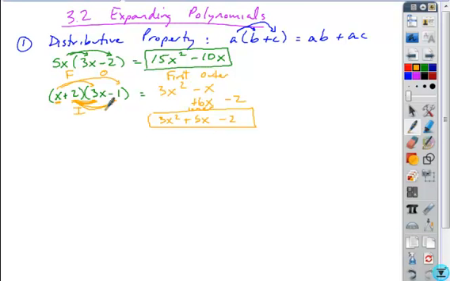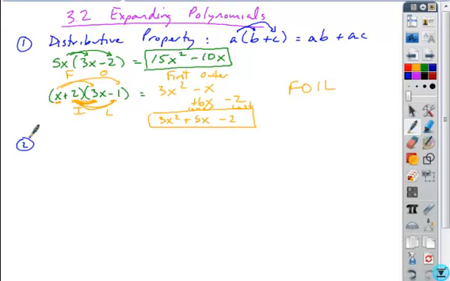And when you take 2 and the negative 1, that gives you the last terms of your binomials. So this is just the FOIL process. Foiling is just another way to name a specific case of distributive property, and that's the case where you're multiplying two binomials. Again, we'll go through some other examples later on in some of the work that we're doing, where you'll see more terms than just two, but you can distribute any number of terms. So that's one way that you can look to expand polynomials.